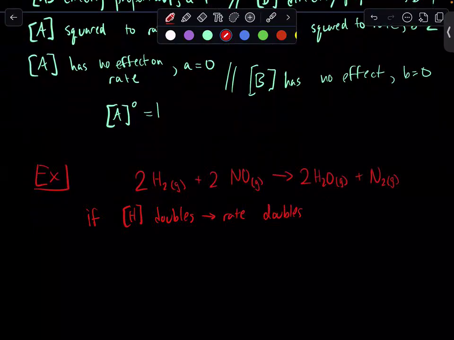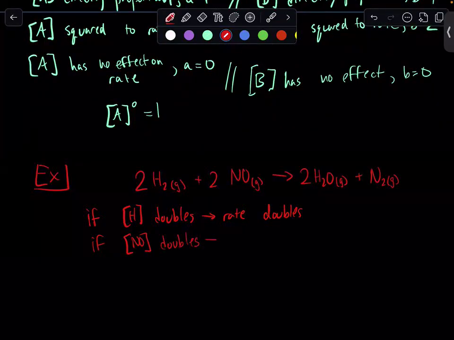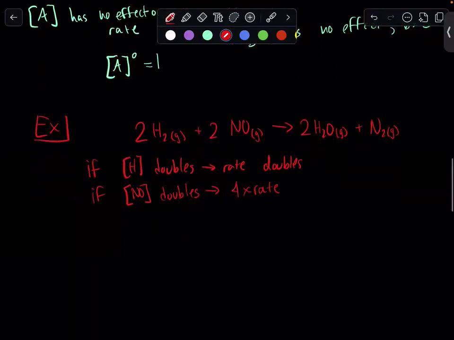We also know that if concentration of NO doubles, we get 4 times the rate. So what is our rate equation?